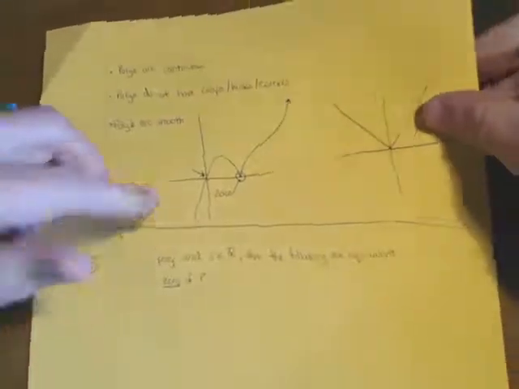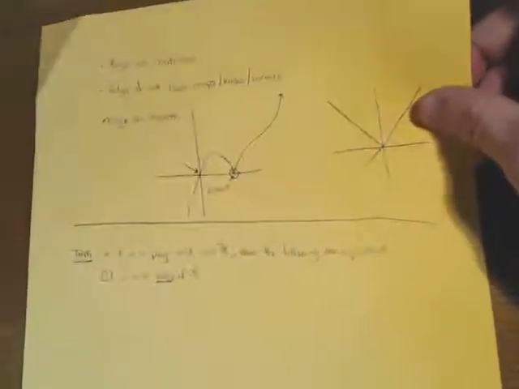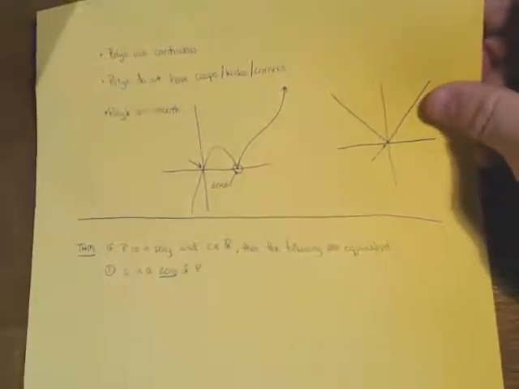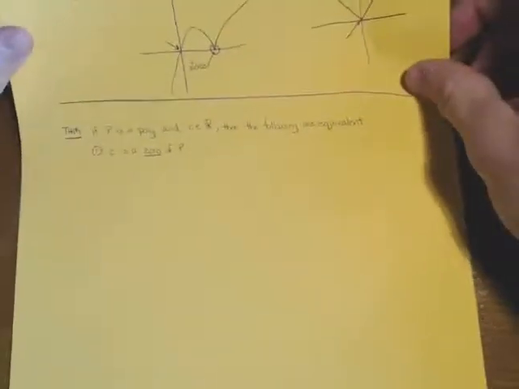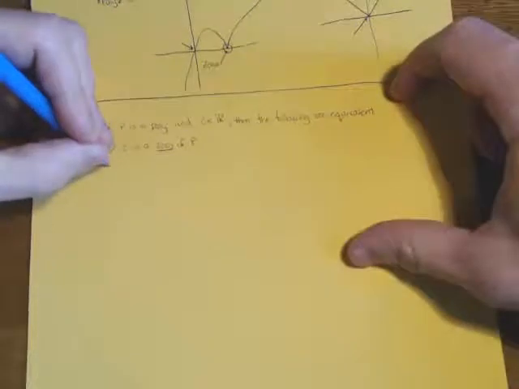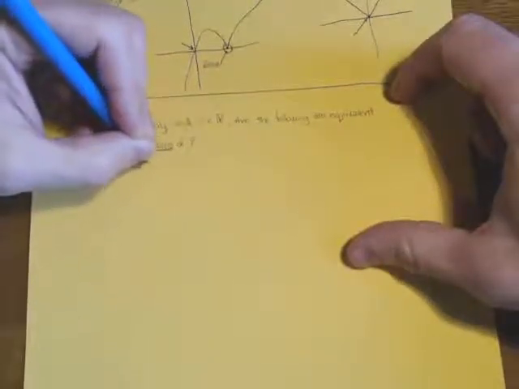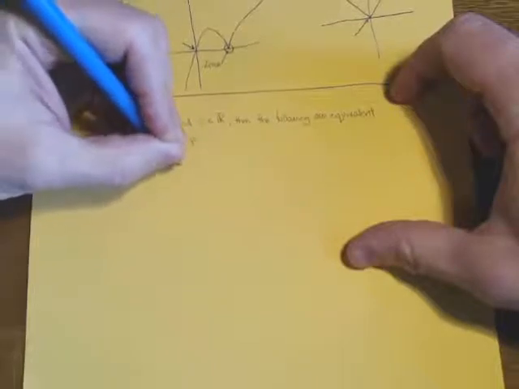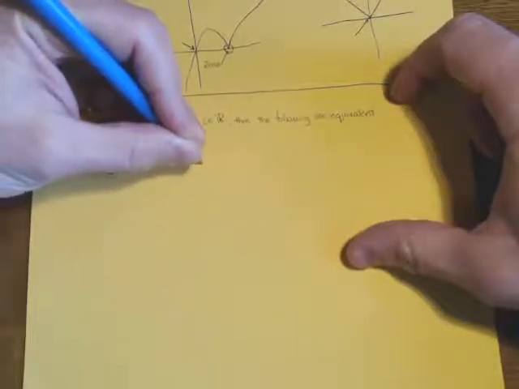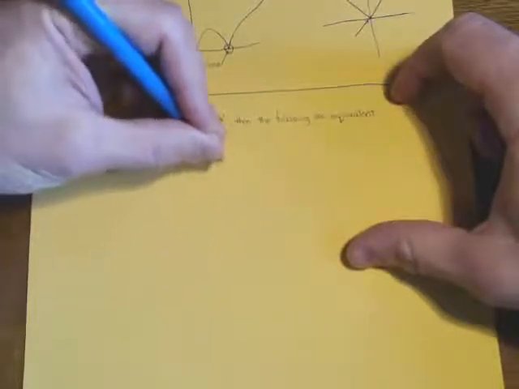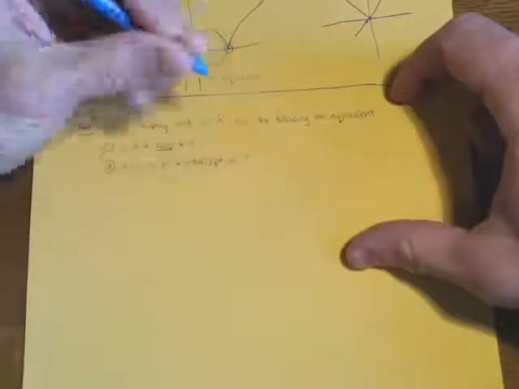Just like where it hits the x-axis there, that's also a 0. So another way to call something a 0 is that x equals C is an x-intercept, which is exactly what I was just saying, of P.